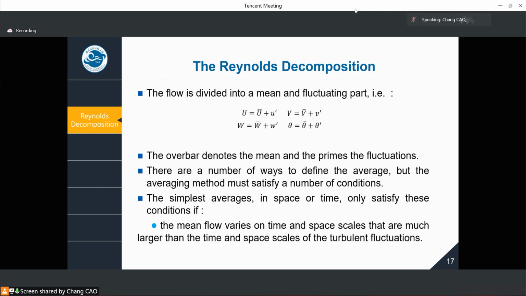So please remember that for defining a mean flow, we should always keep in mind that requirement. If it can be met, there will be no problem for us to do the Reynolds decomposition. That's a very important requirement here.